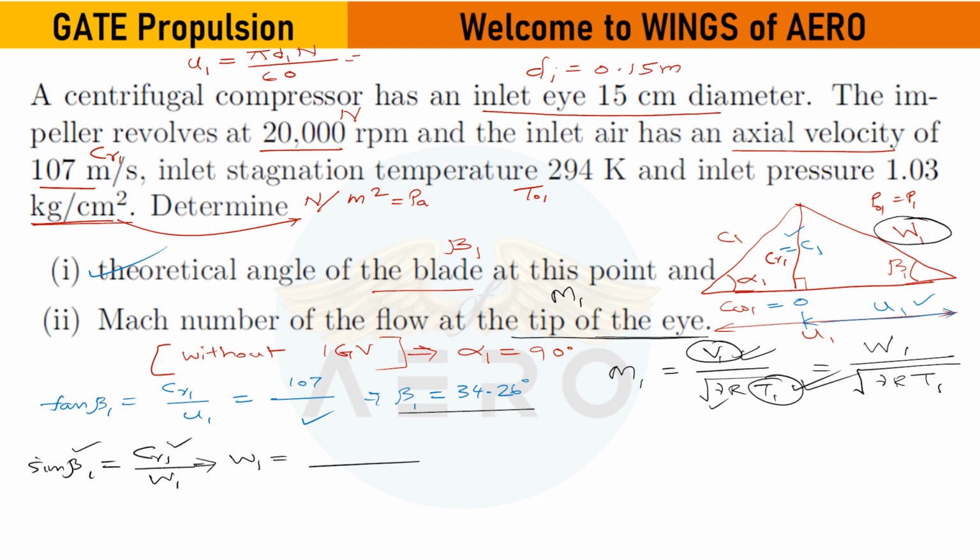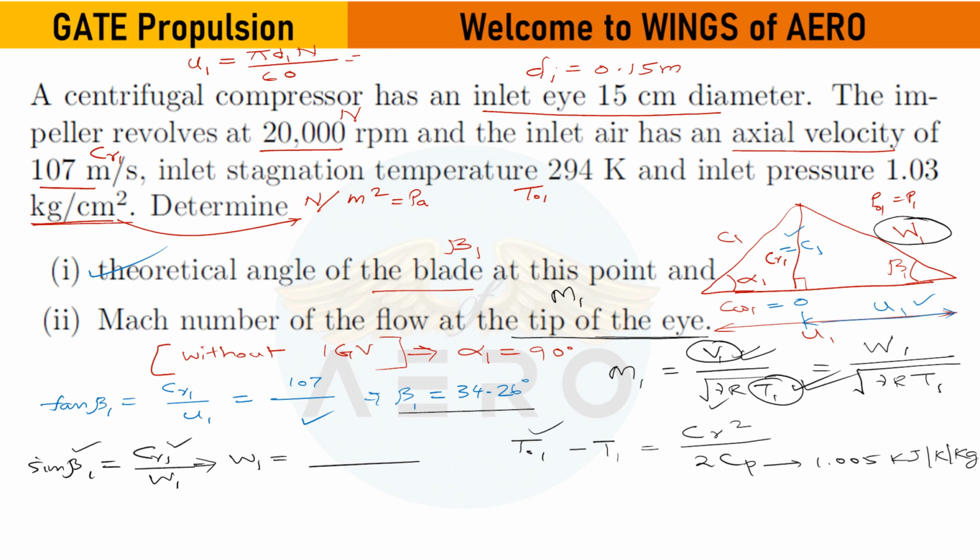Here they have given the stagnation temperature, but we need the static temperature. Again you have to use a relation. Remember this relation, quite some time you have to use it: T01 minus T1 equals CR squared by 2 Cp, where Cp is 1.005 kilojoule per kg Kelvin.